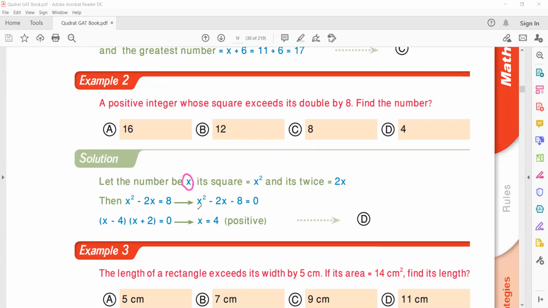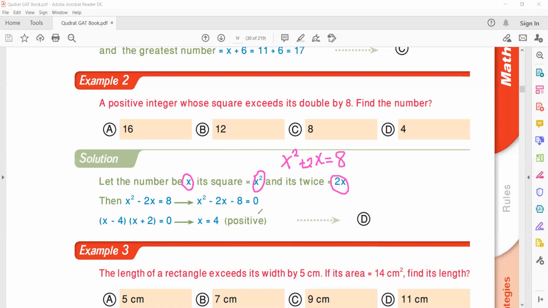I write it X. Then the square is X squared, right? It exceeds its double by 8, and the double is 2X, right? Then I write X squared plus 2X equals 8.